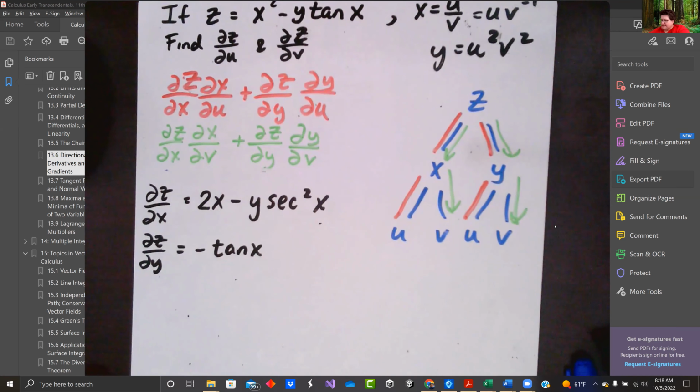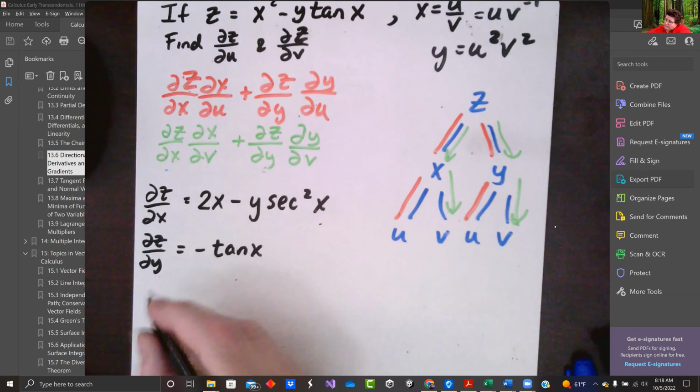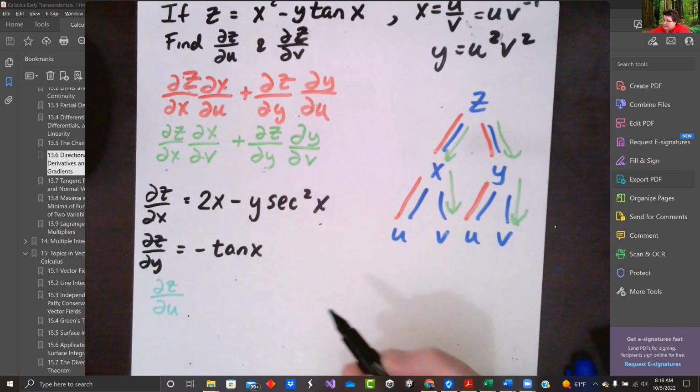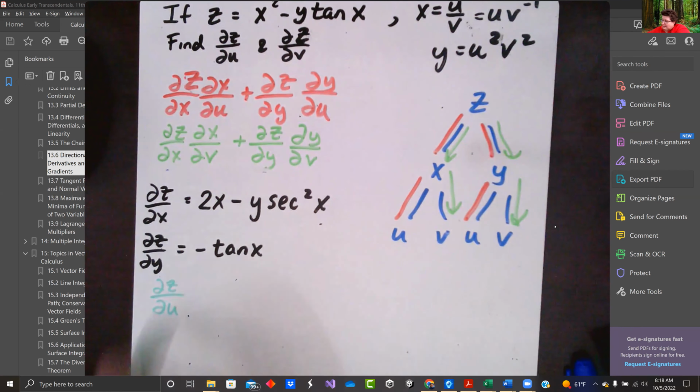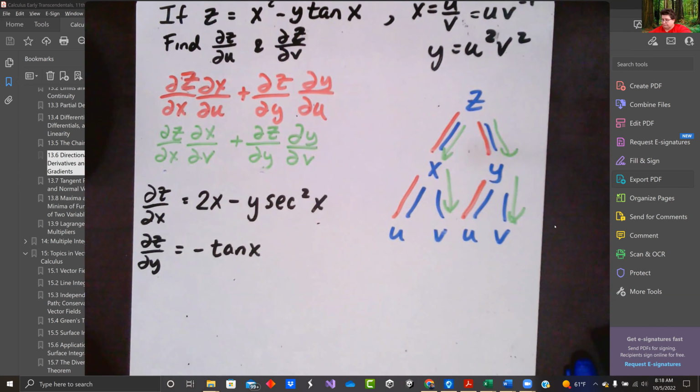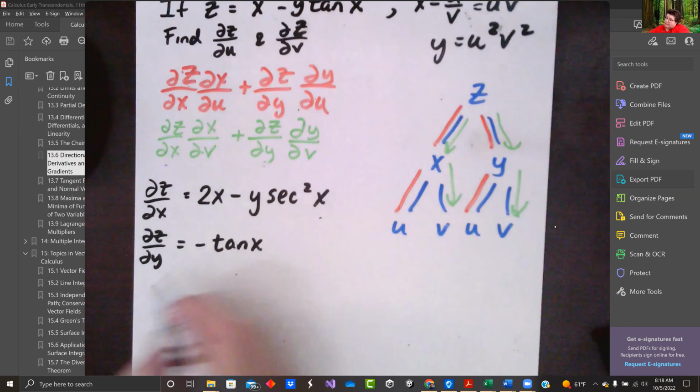So we're going dz du. We need that. That's not very bright. Get better color. I did an orange up or red up above. Let's just do that.